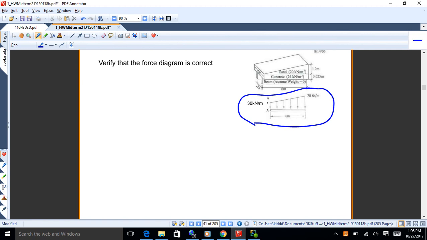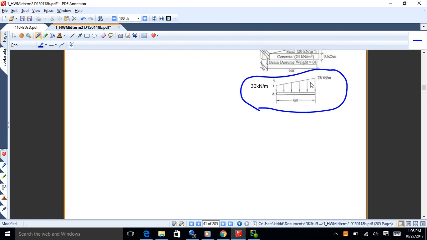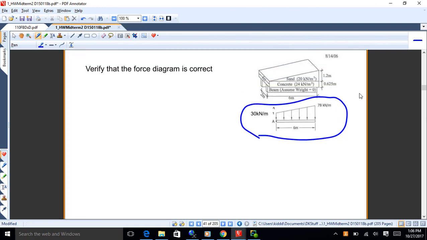And the concrete, let's just look at that. The concrete is a flat slab, and it's 0.625 meters thick. So you start off with the unit weight of concrete, which is 24 kilonewtons per cubic meter.